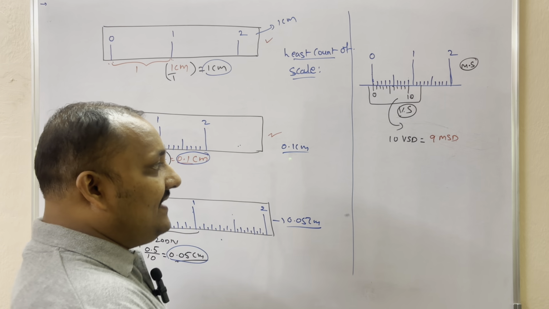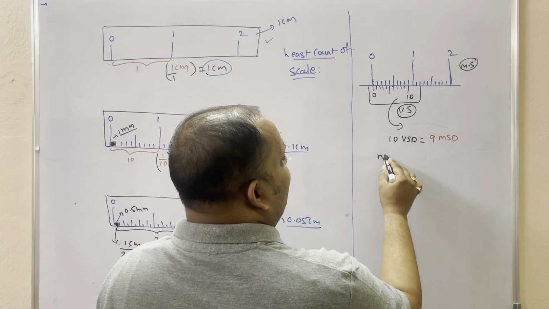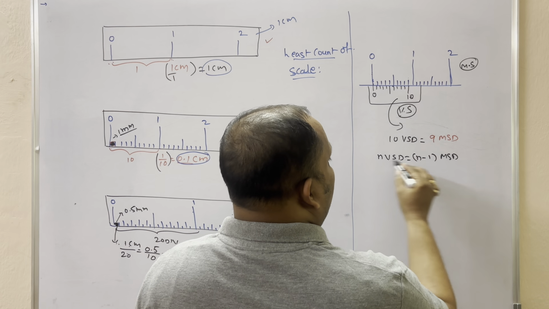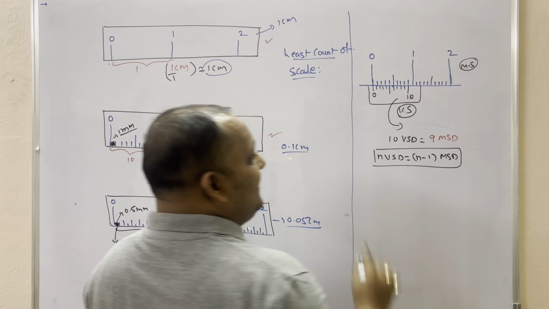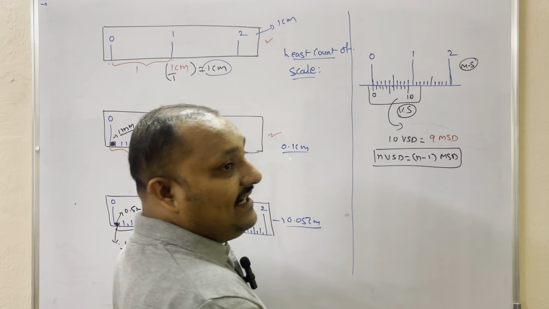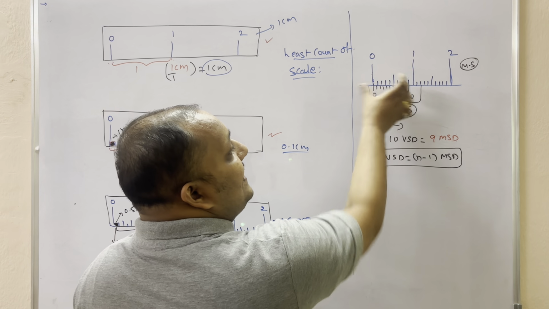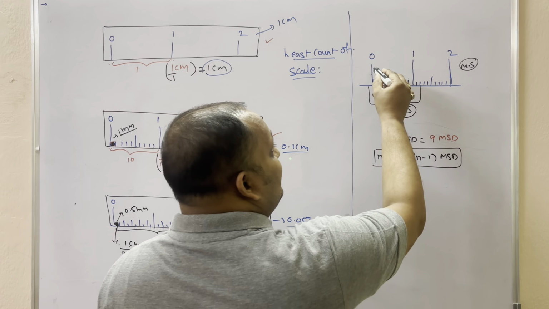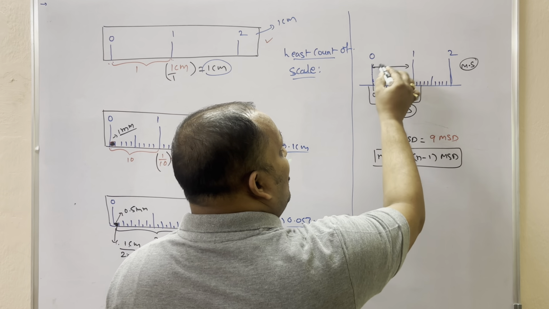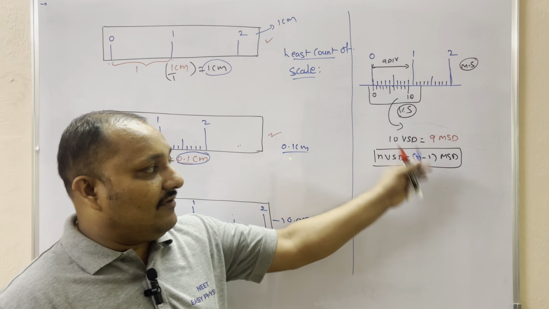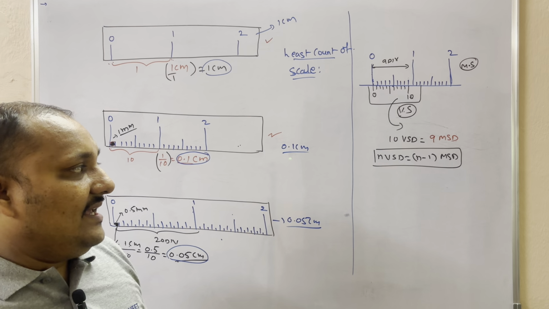So they write N VSD is equal to N minus 1 MSD. What is this? N vernier scale divisions coincide with 9 divisions on the main scale, from here to here.